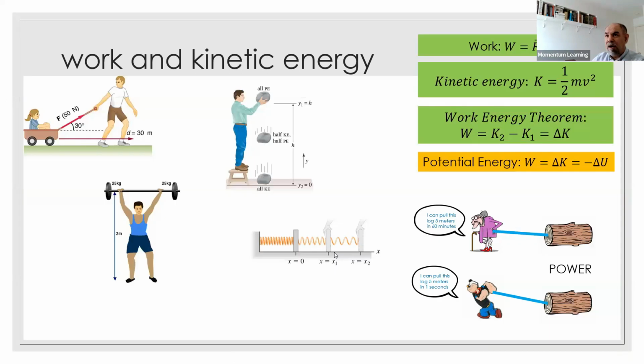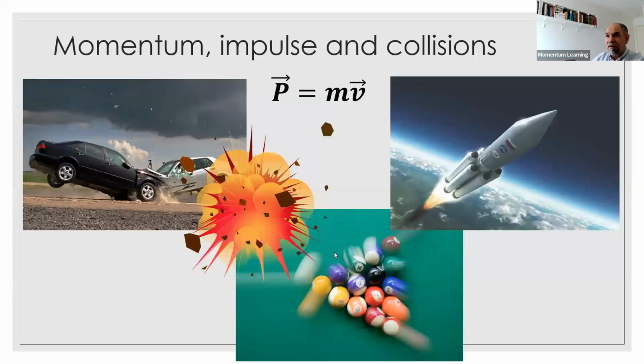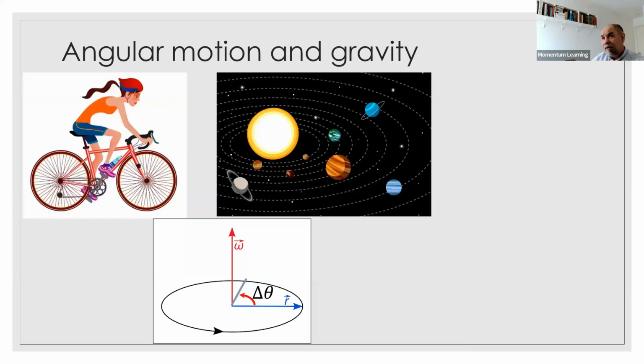So you cannot describe explosions, collisions with the stuff we have learned so far. So here we learn the concepts of momentum and impulse, which help us understand collisions, explosions, these kinds of phenomena in physics.